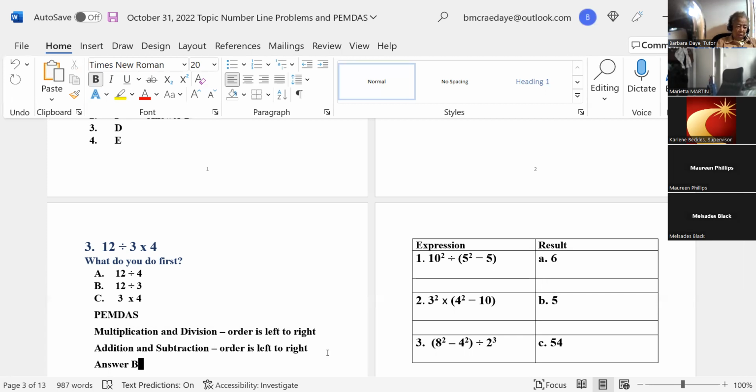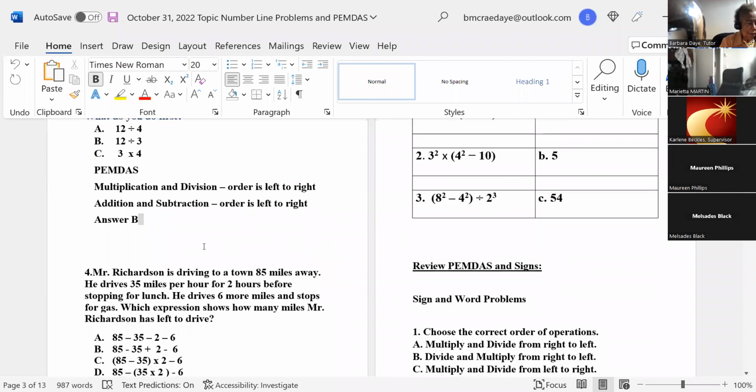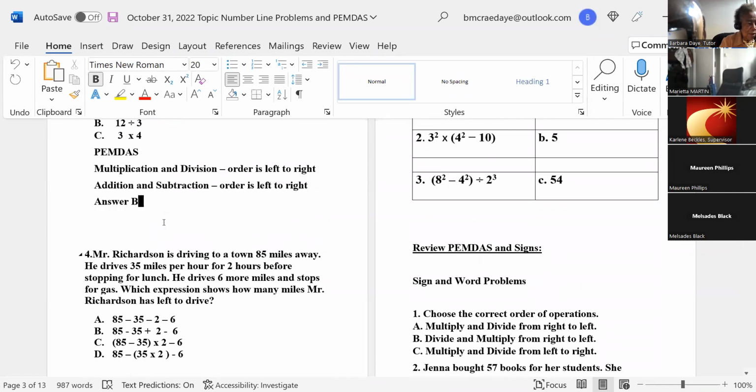Just remember, the hard and fast rule for PEMDAS does not hold for multiplication and division, and addition and subtraction. So you do the division, then you do the multiplication. Got it? Yes, miss.